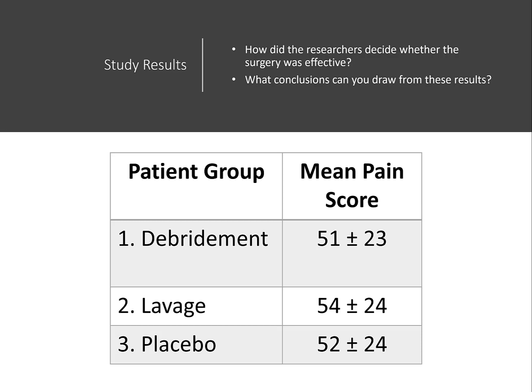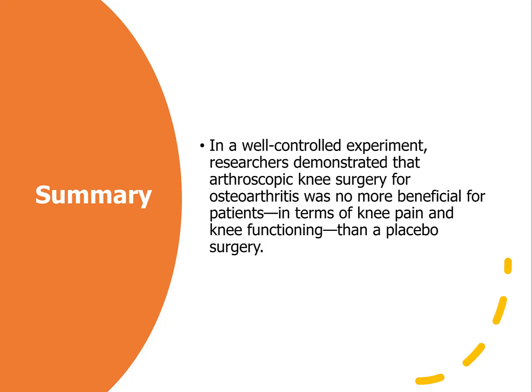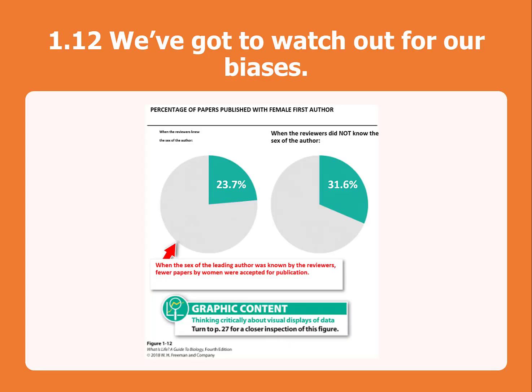These treatments using these techniques were no better than a placebo, and so you can conclude, nah, I don't think so. So in a well-controlled experiment, researchers can demonstrate that arthroscopic knee surgery for osteoarthritis was no more beneficial for patients in terms of knee pain and knee functioning than a placebo. So it's good to know. Save the money.